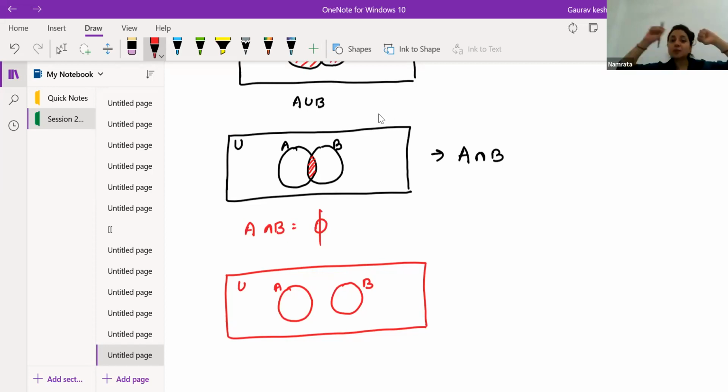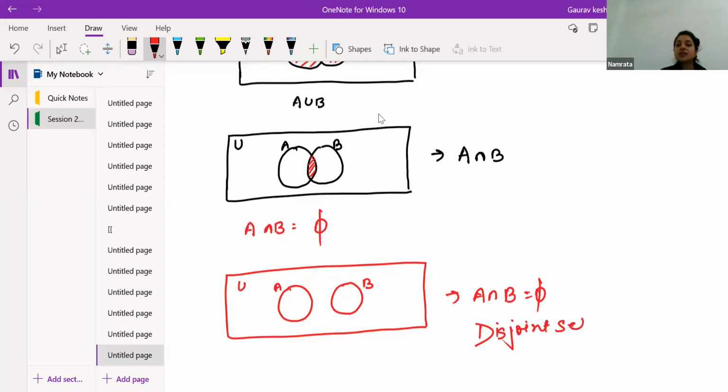That's why we are drawing set A and B completely apart from each other. Like there is a distance between both of them. That means there is no common region. And this represents A intersection B is equal to the null set. This also represents disjoint sets. As the name says, disjoint, there is no common part between both the sets.